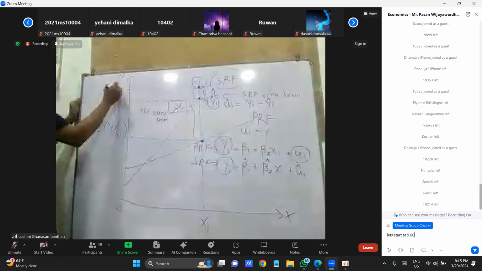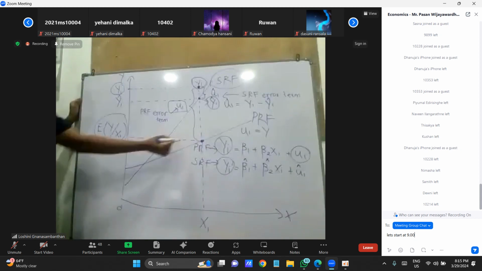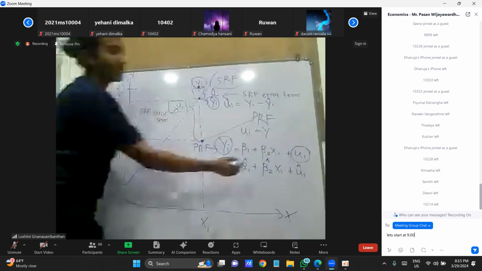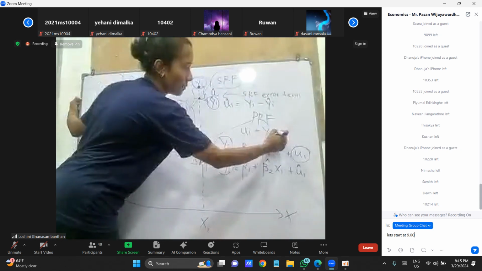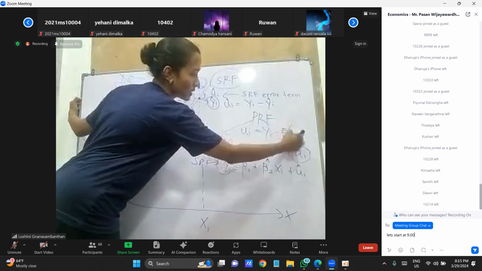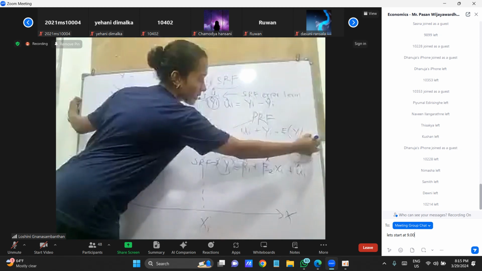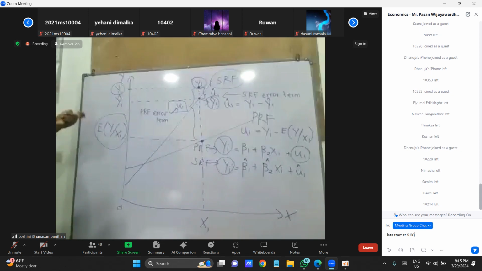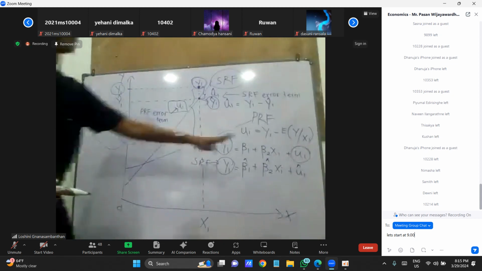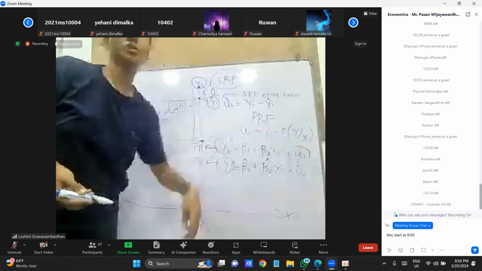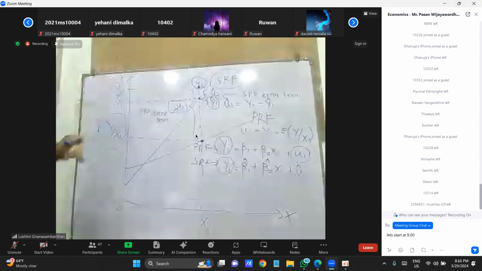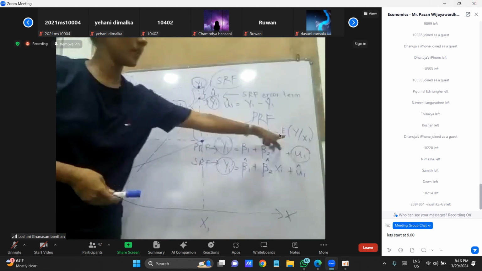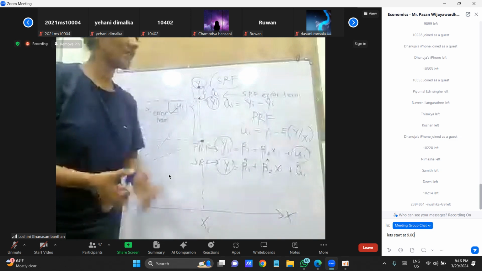So Ui is Yi minus the conditional mean of Y given X. You can note that down also. In other words, we will see later that this conditional mean of Y given X, we can say it is Y.